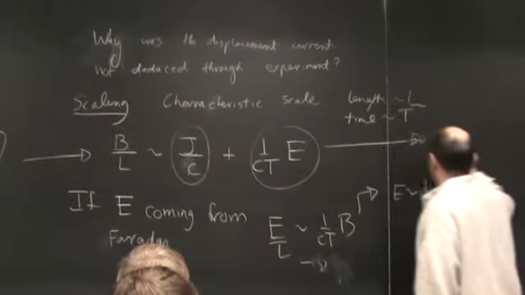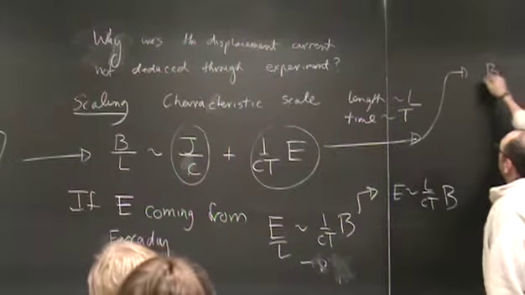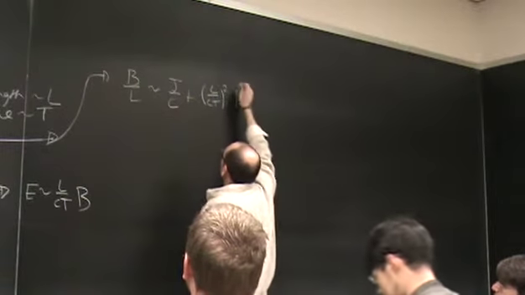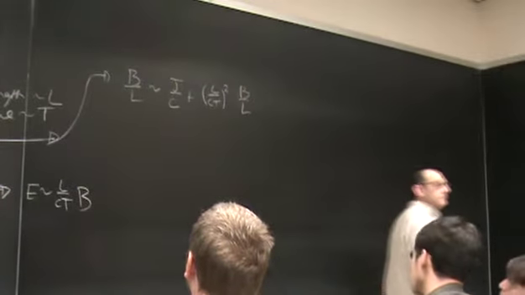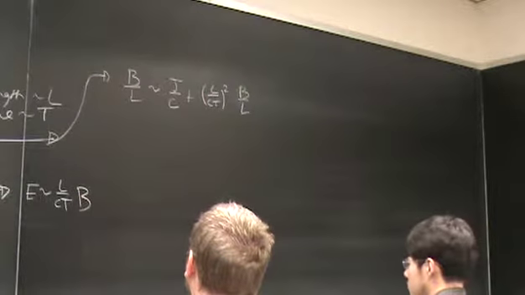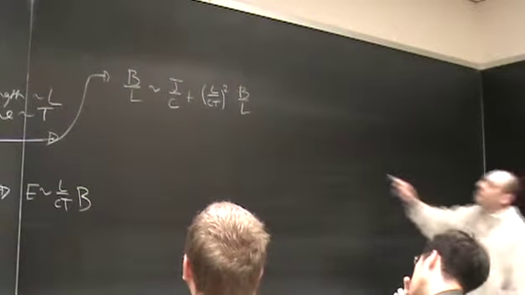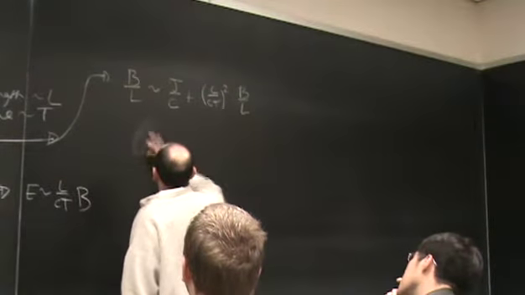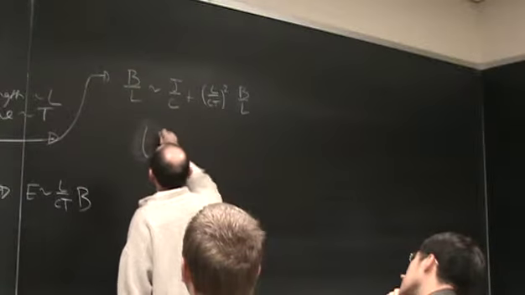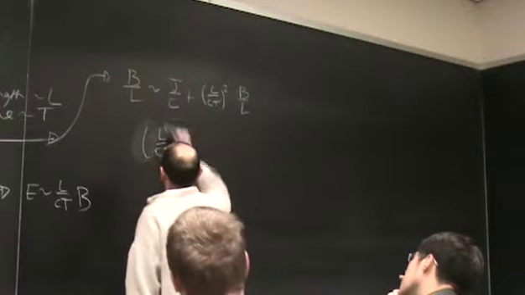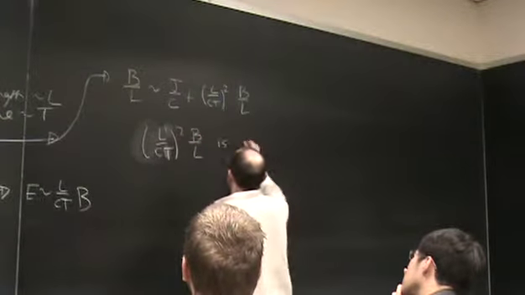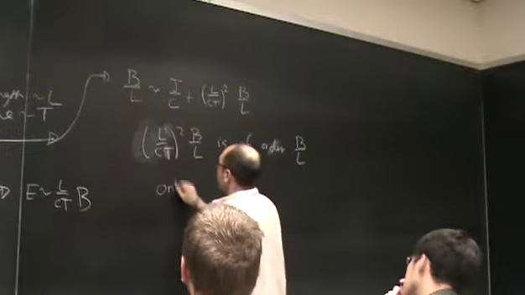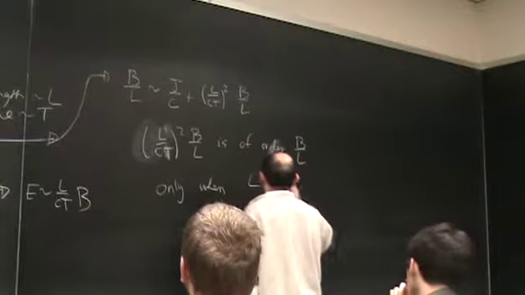So if we put all that together, what we see is that B over L goes like whatever the conduction current contribution is, plus a term involving L over cT. So this term is only of order this term, so the displacement current contribution matters only when L is on the order of cT.